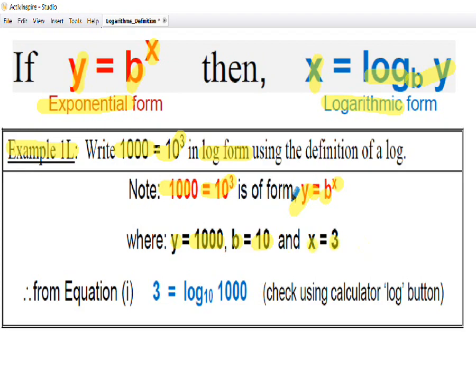Writing that in the form of the logarithmic expression, I now get my x, which is 3, is equal to log to the base 10 of 1000, the value of y. If you check that on your calculator, you'll see that that is correct. If you type in log of 1000 on the calculator, press equals, you will get 3.